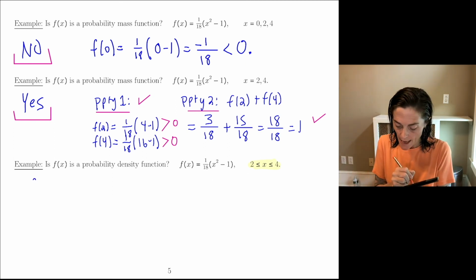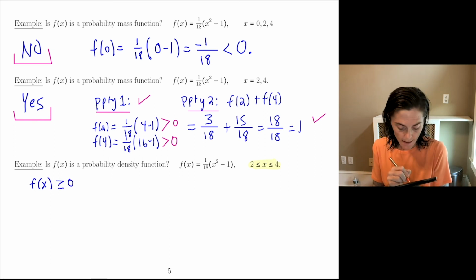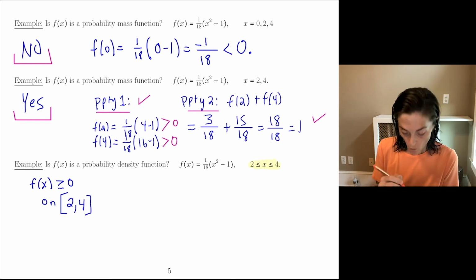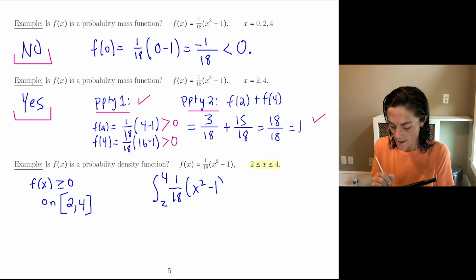And so we can see looking at it that the function is greater than or equal to 0, in fact, strictly positive, but I'll say it this way on this interval 2 to 4. So far, it looks okay. But now the question, what is the integral from 2 to 4 of 1 over 18 x squared minus 1 dx?